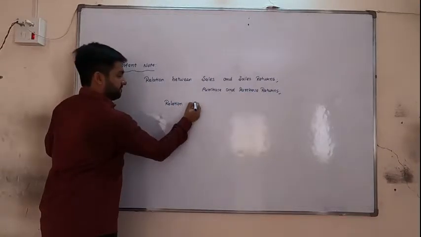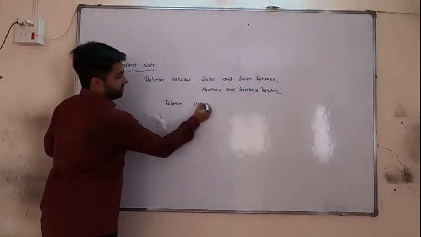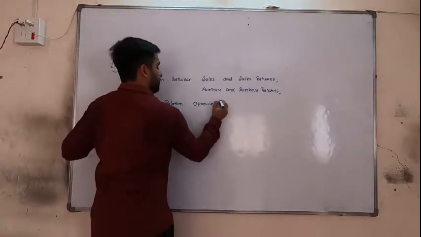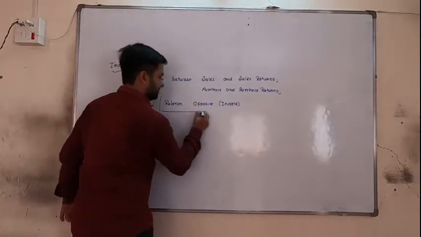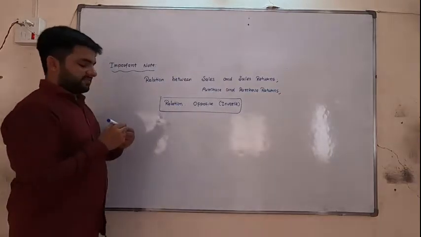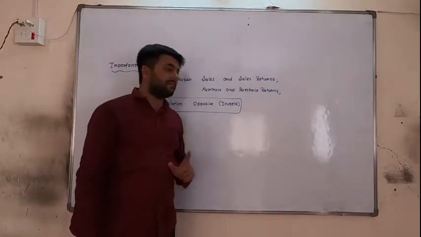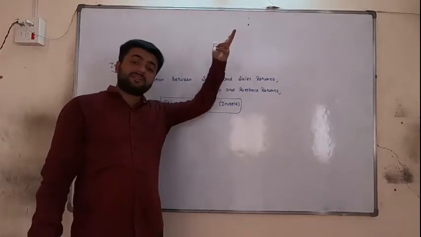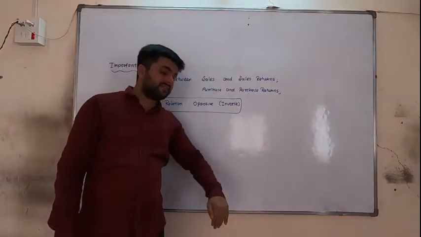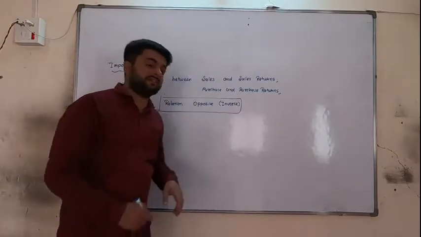Relation: opposite or inverse. Means the relation between sales and sales return is inverse, purchase and purchase returns is inverse. Inverse means if one is increasing, other is decreasing. If one is decreasing, other will increase.